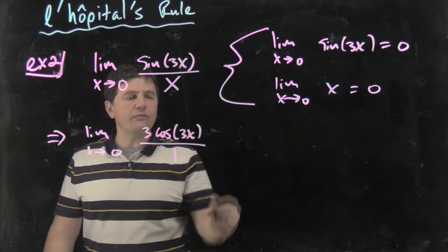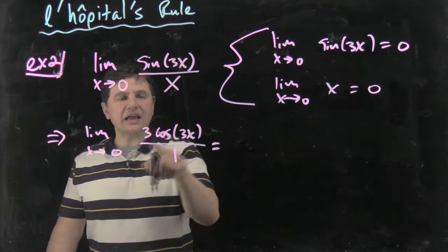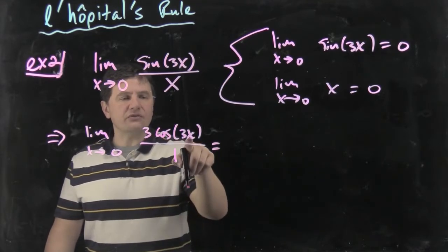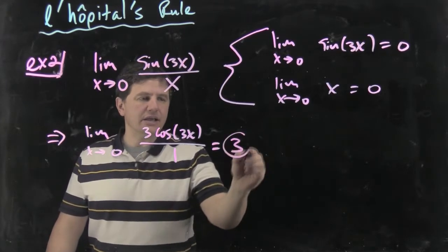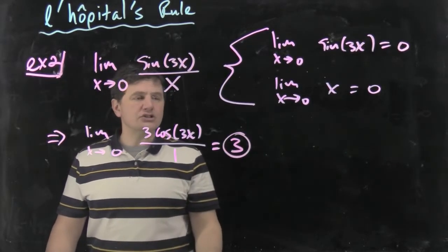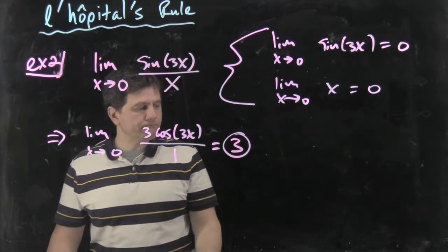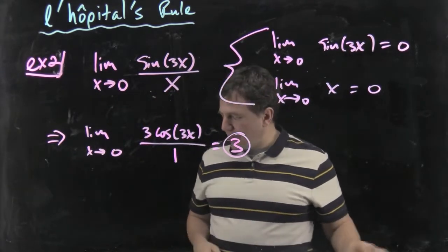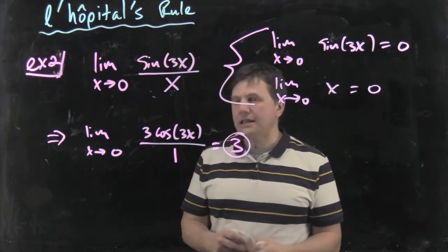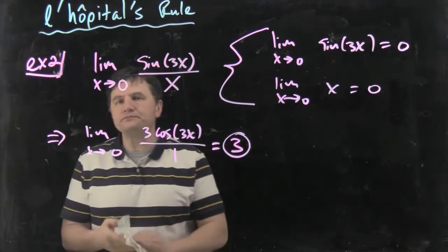Okay, so now I can plug in 0 and what I end up getting is cosine of 0, which is 1. 1 times 3 is 3, and that's our answer. So not too bad. It's just a matter of using our derivative skills. Let's do a few more examples, and then that will be it.